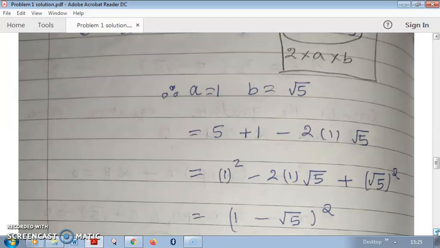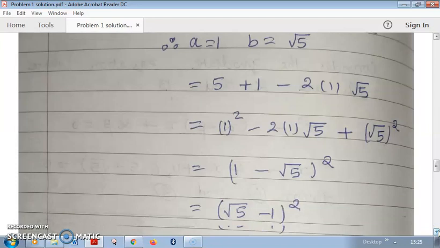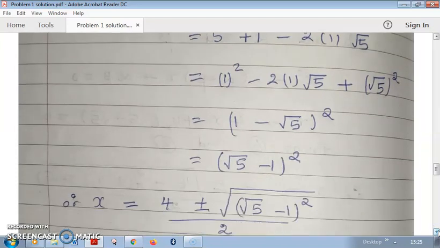That is 1 square minus 2 into 1 root 5 plus root 5 square. That is 1 minus root 5 the whole square. That is same as root 5 minus 1 the whole square. As such, 1 minus root 5 the whole square also you can take, or root 5 minus 1 the whole square also you can take.